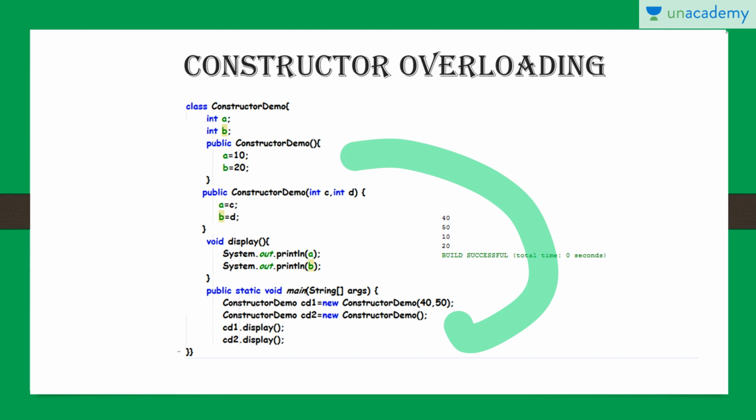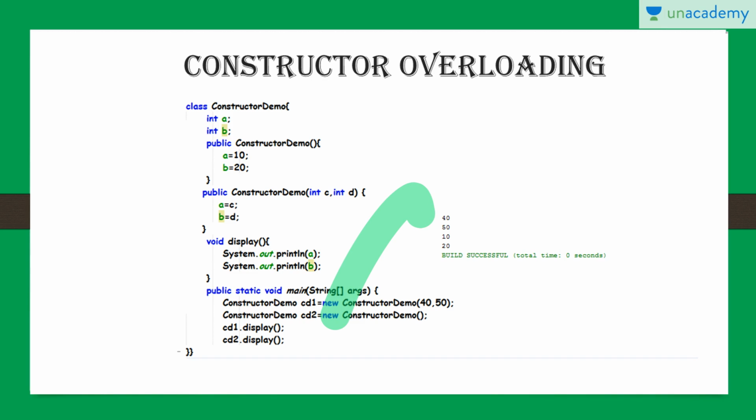So if I try to print out the values of the first and second object, then it will print 40 and 50 for the first object, which are the values of a and b for the first object, and for the second object, it will print 10 and 20. Now it is all about constructor overloading.